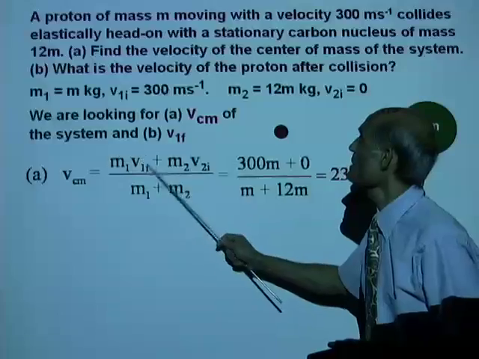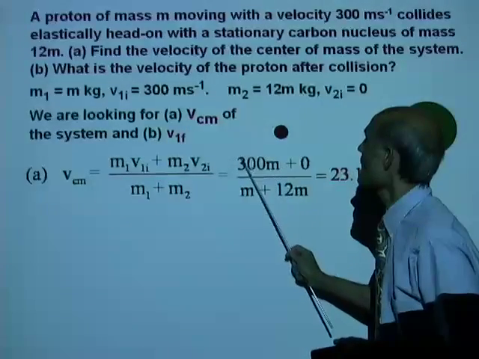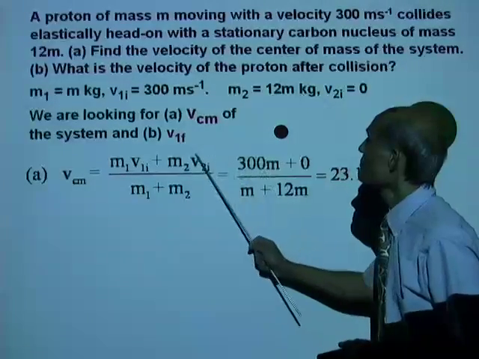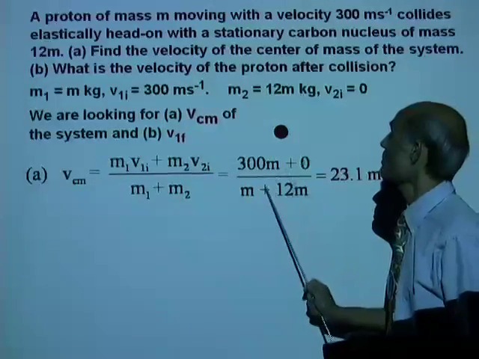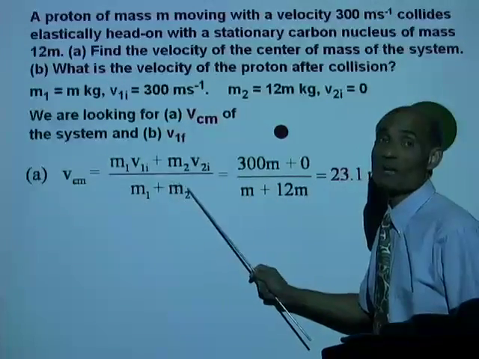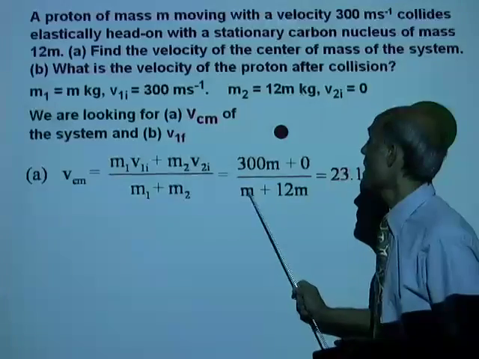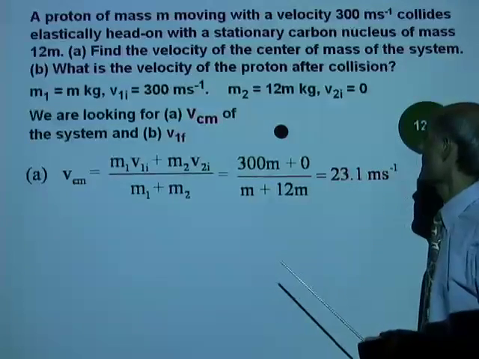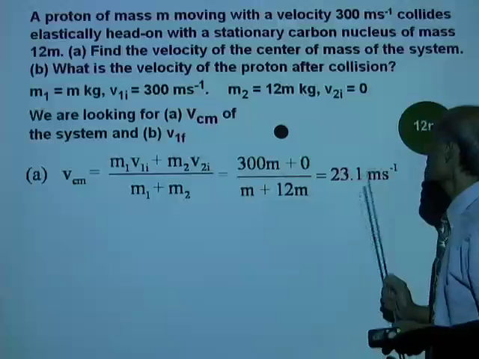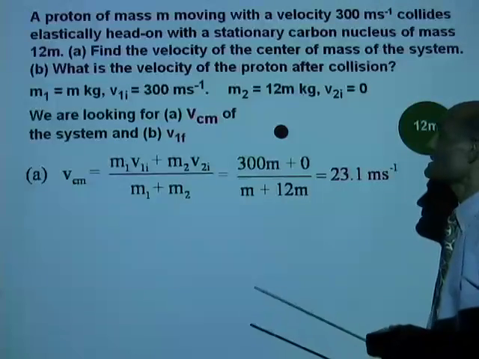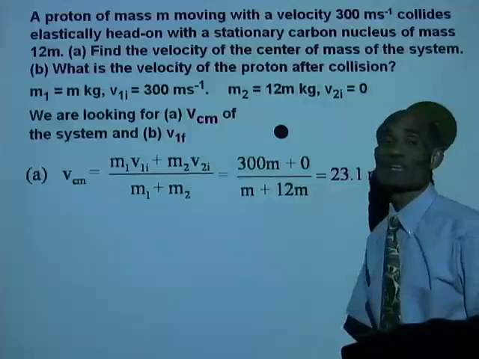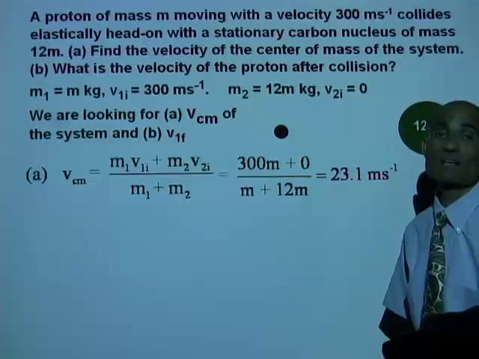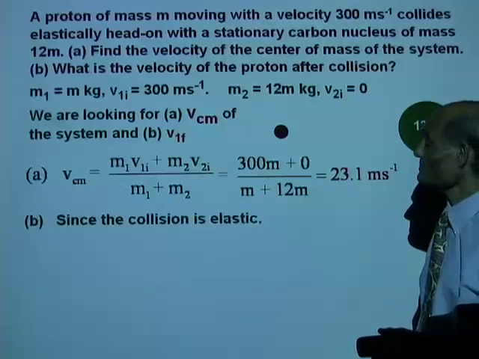So M1 V1I is 300m. Since V2I is 0, M2 V2I is 0, divided by M1 plus M2, which is m plus 12m. And that is 23.1 meters per second. The velocity of the center of mass is 23.1 meters per second.